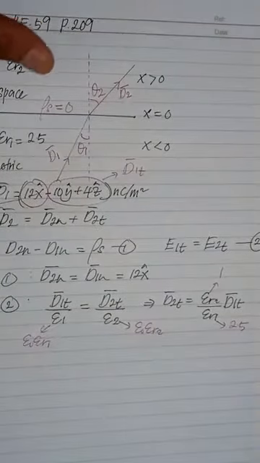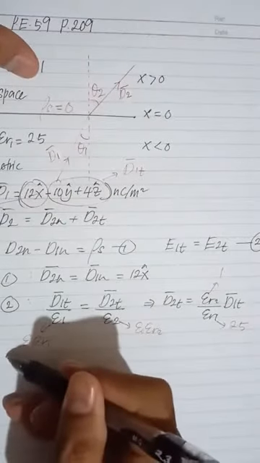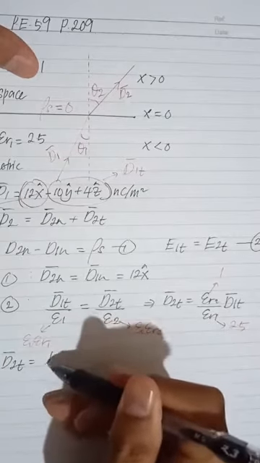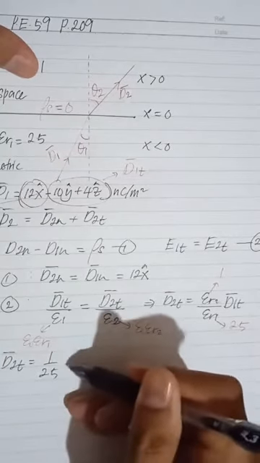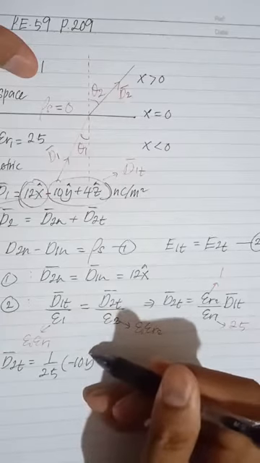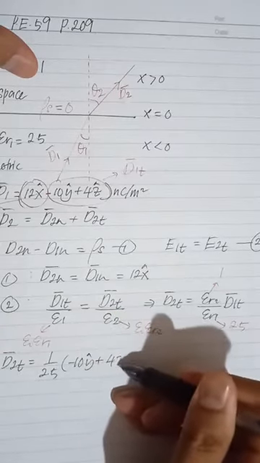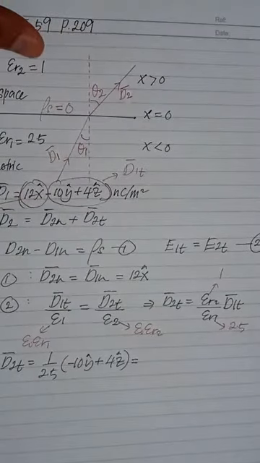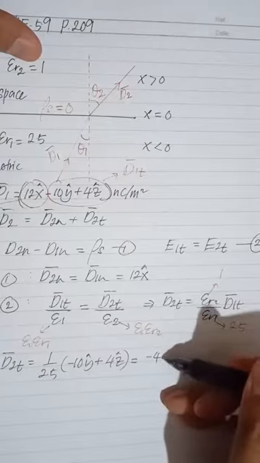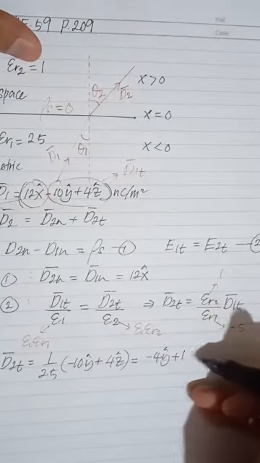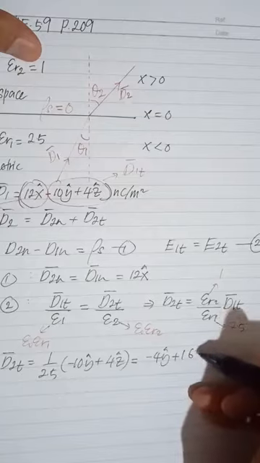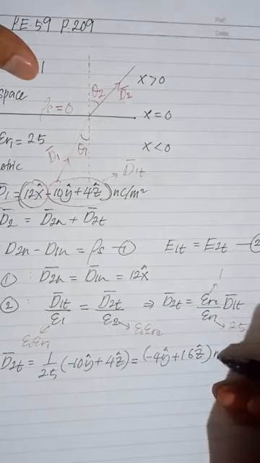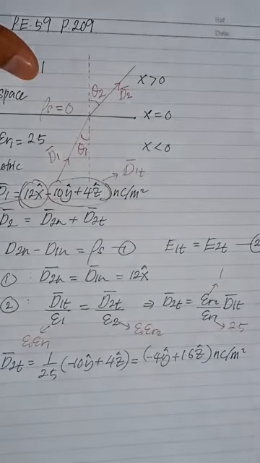Okay, let's proceed to the next part of it. So finally we can find the D2 tangential component: 1 over 2.5 times negative 10 y component plus 4 z component, and finally we are going to have this equation: negative 4 y component plus 1.6 z component, and for sure with unit of nanocoulomb per meter squared.